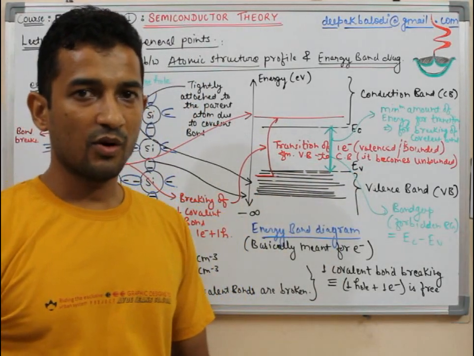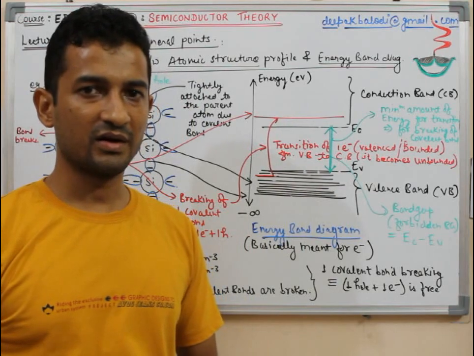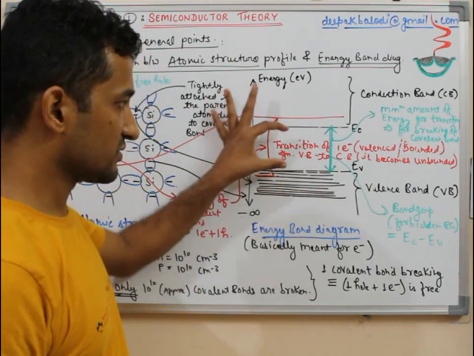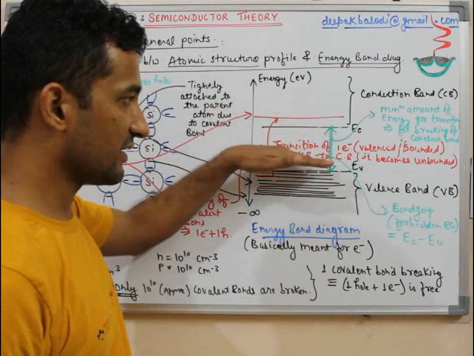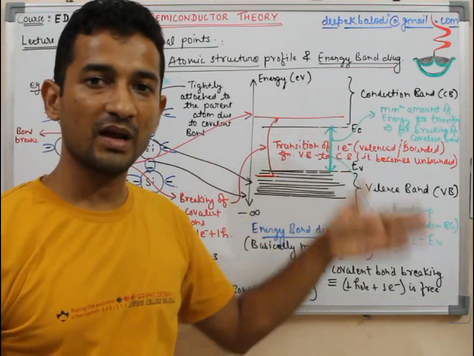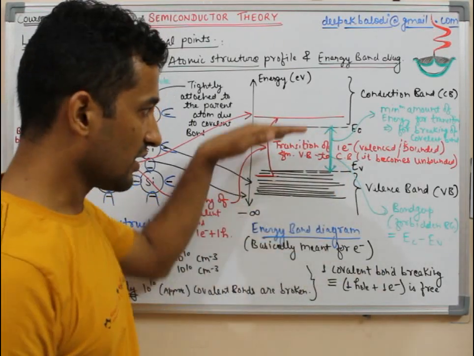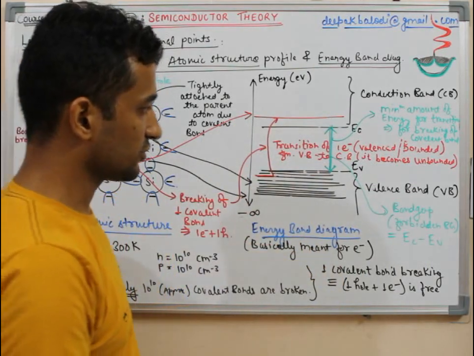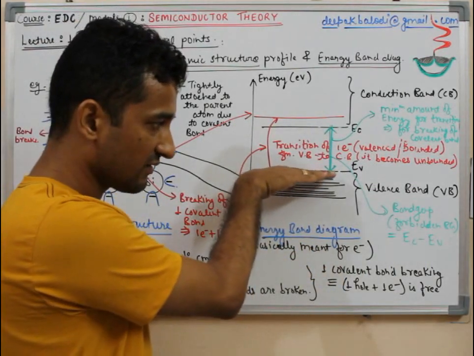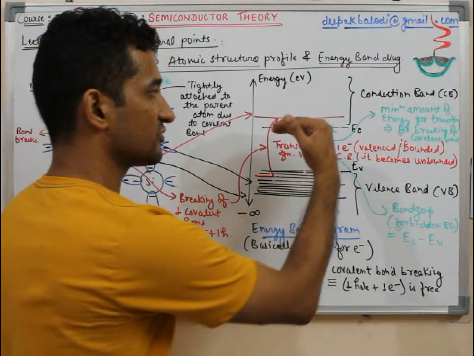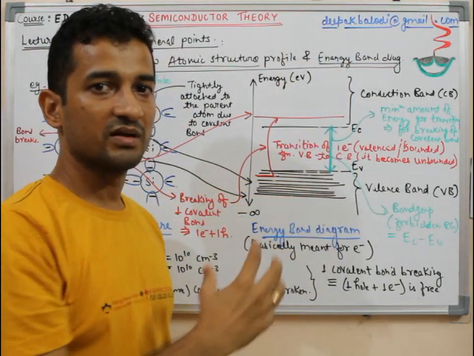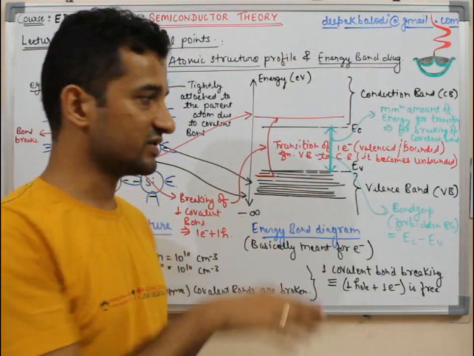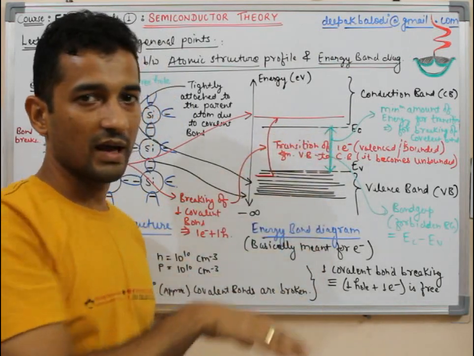From Pauli's exclusion principle and from the detailed atomic model, we know that there cannot be any allowed energy state within this energy band gap. There are lots of energy levels below this EV, there are lots of energy levels above this EC, but there is no allowed energy state within the band gap.